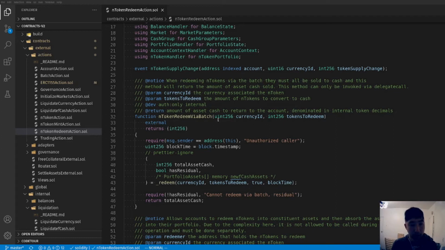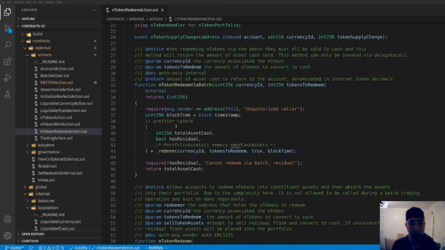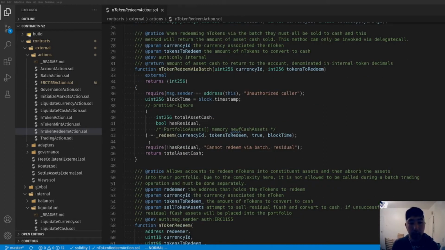There are 2 external methods on this contract. There's the nToken redeem via batch. This method is called via batch action only, and it does not allow residuals to remain after redeeming. So we'll talk about what that means.